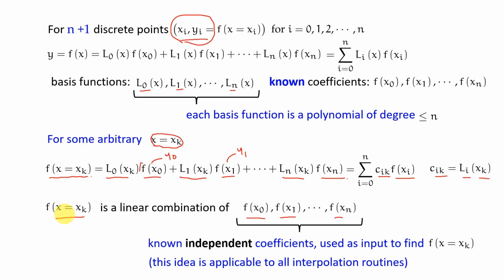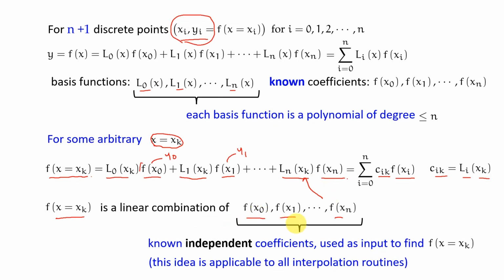So at any point, if we want to find the value of f(x), we have to take a linear combination of these initial f(x), and this linear combination will be weighted based on the value of L at that xk.